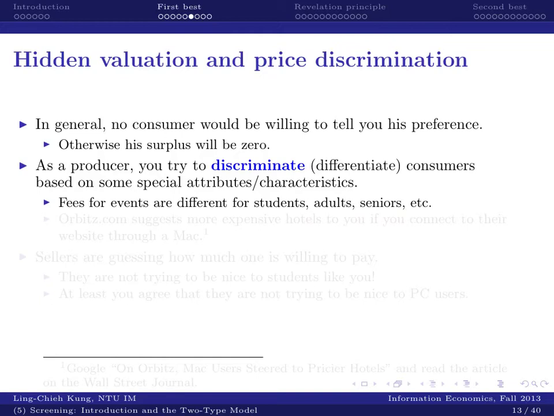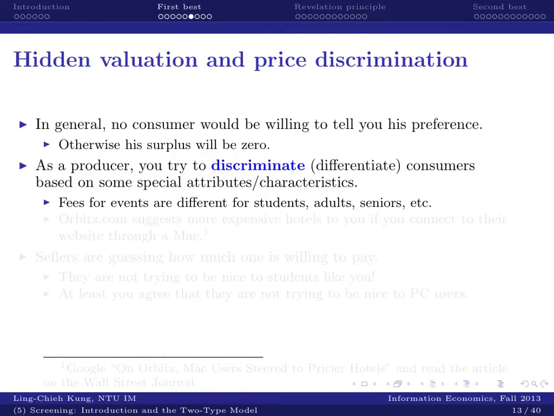occupations or ages. Okay. For students, typically the fees for some events, movies, baseball games, or something, for students, typically the fee is the lowest. And then for adults, they need to pay the full fare. And then there are typically some discounts for seniors. Okay? So now you know why producers, why sellers are doing this.